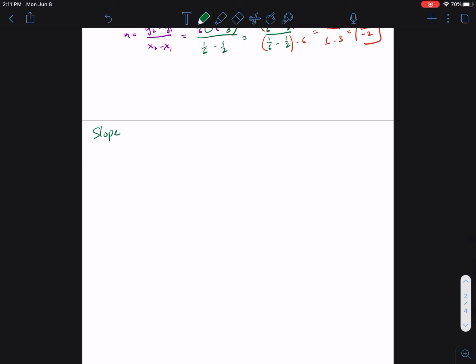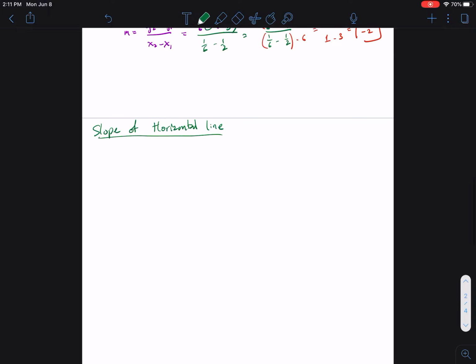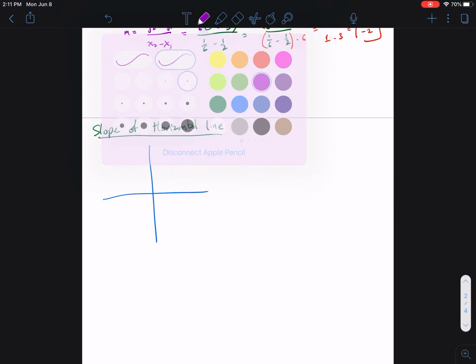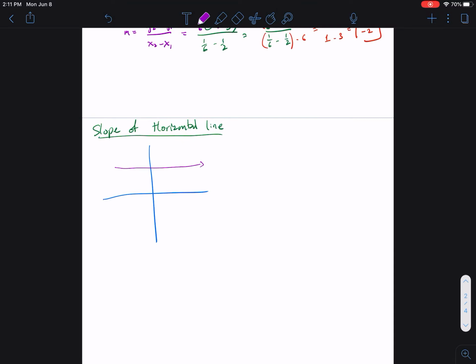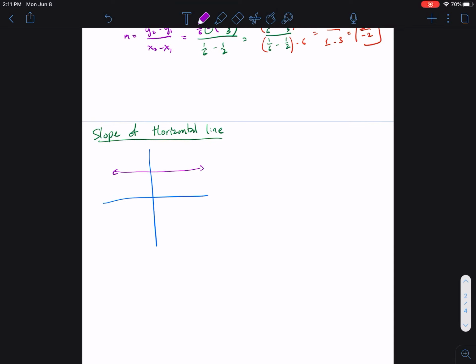Slope of a horizontal line. Okay, all right. So if we have a line that looks like this here, let's say it passes through that point there. Let's say that's at 1, 2, 3. So let's do 3. Okay.